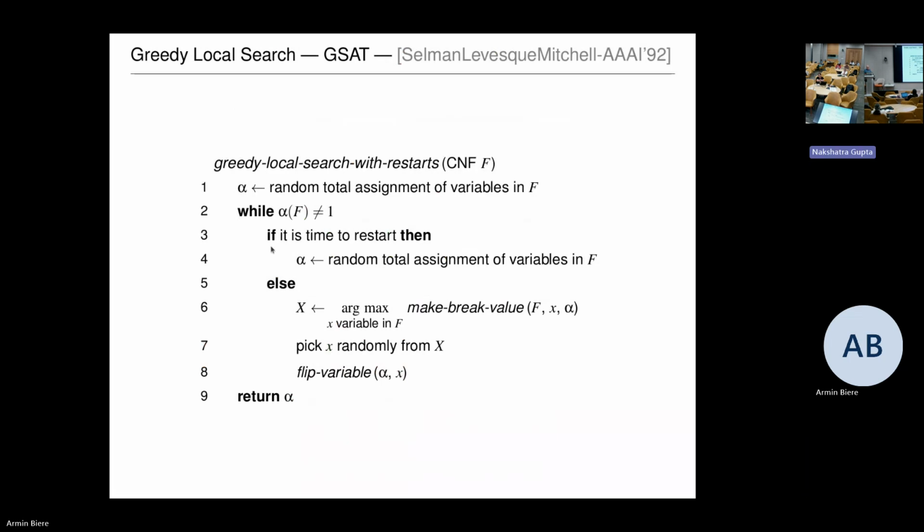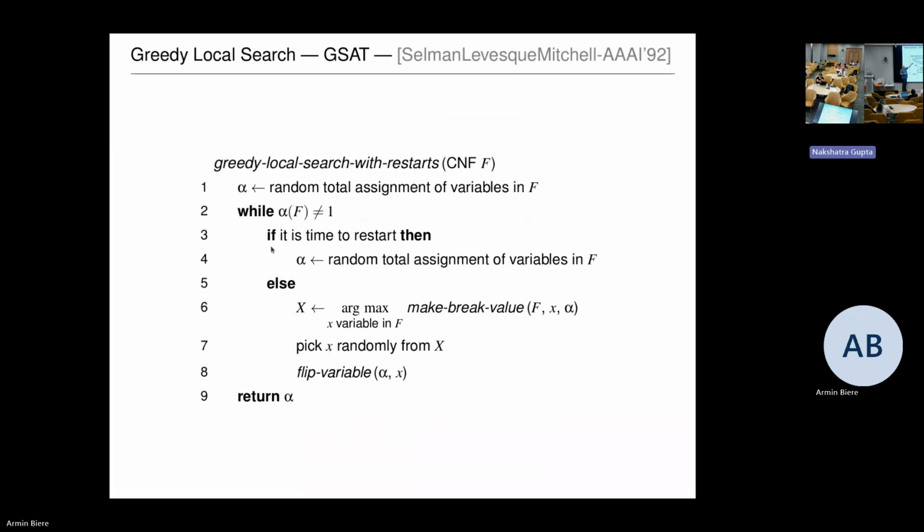Now, this is what Selman, Levesque and Mitchell did in AAAI 92. This was kind of the first, more modern local search algorithm. You remember that by picking the total assignment, there's the infinite loop. Of course, they described it differently with max flips and max tries, but this is what it boils down to.